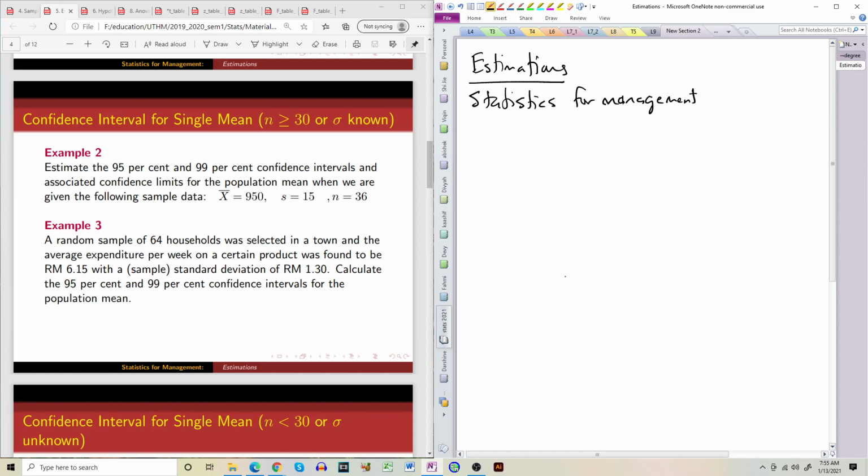Now if I consider each and every student in the world who is learning statistics for management, let's say I just put around here, they are inside here in the world.